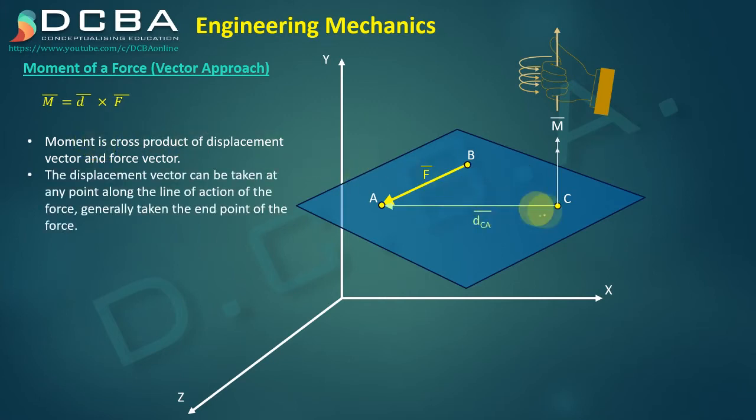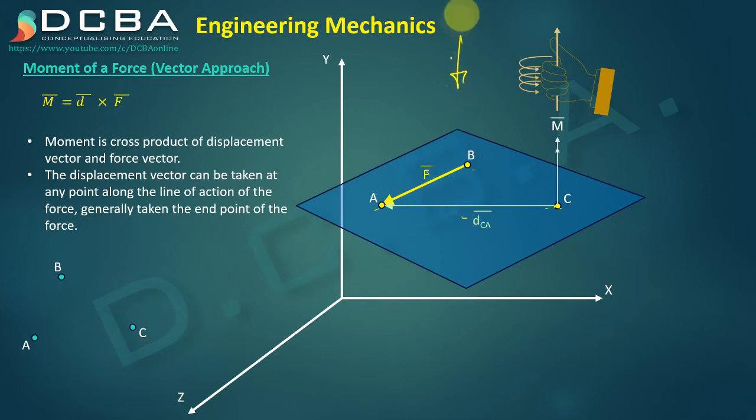So as I told you, I need not take only from C to B, rather I can take from C to any point on this force. So let us say that I take the displacement vector from C to A. Now the magnitude of two vectors which are having cross product is given by the area of the parallelogram that these two vectors form.